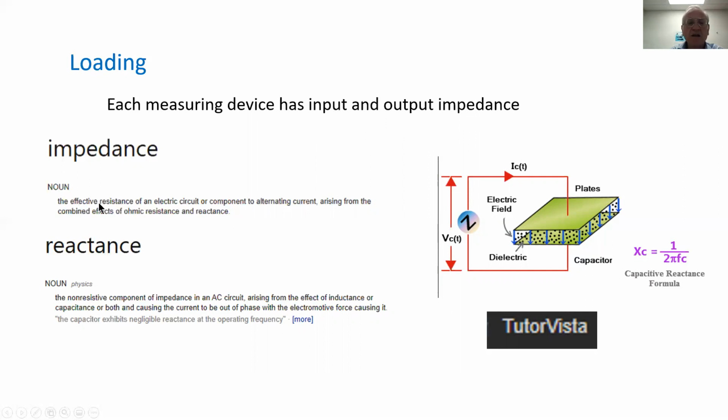Impedance is the effective resistance that the electric circuit exerts on the input to the system. It is a combination of resistance and reactance. And the reactance is the non-resistive component of the impedance, which depends on the frequency.